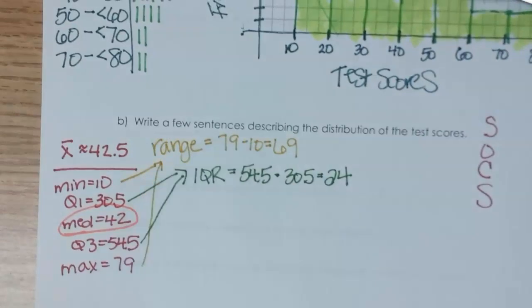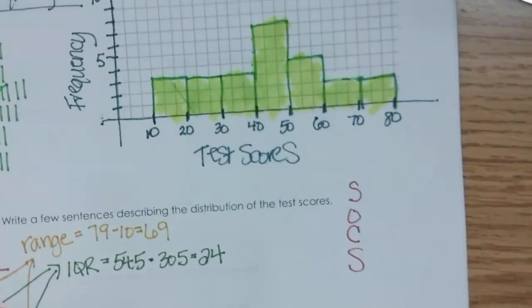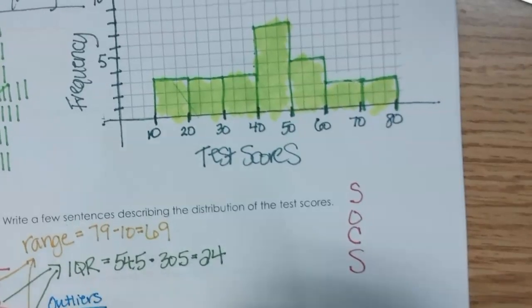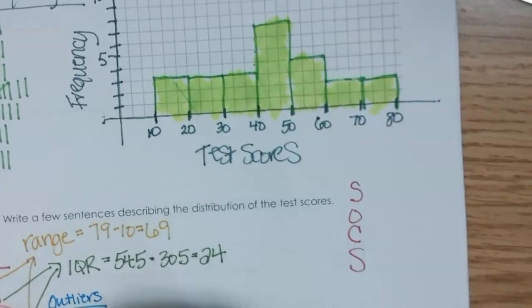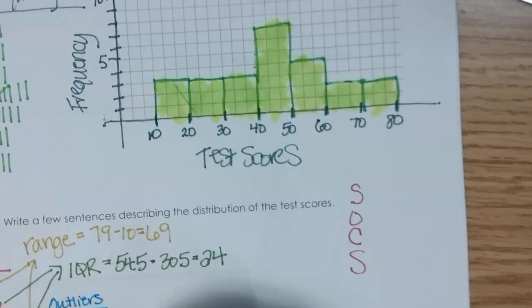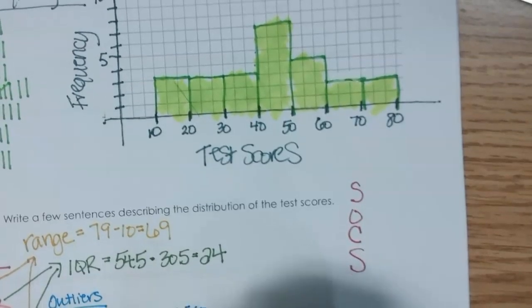And we really should check for outliers. It doesn't look like there are any outliers, but sometimes they can be hidden in there. And it's just good to practice the outlier formulas with you guys. Remember that the outlier formula for the boundaries are Q1 minus 1.5 times the IQR and Q3 plus 1.5 times the IQR.